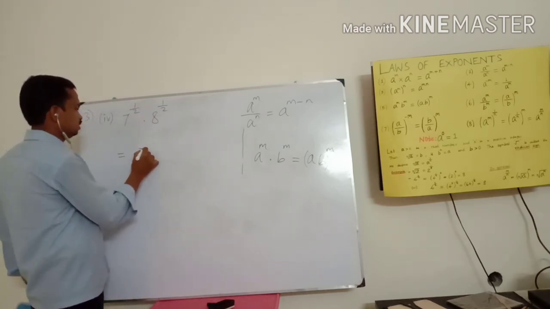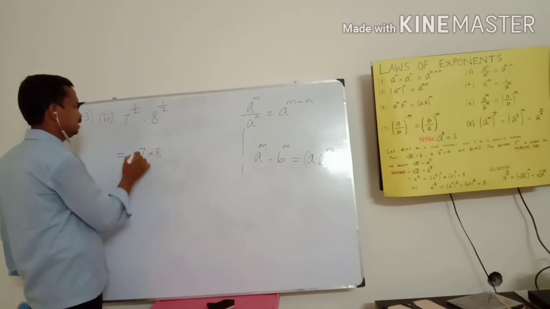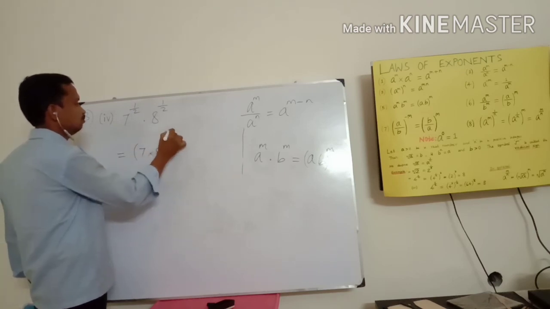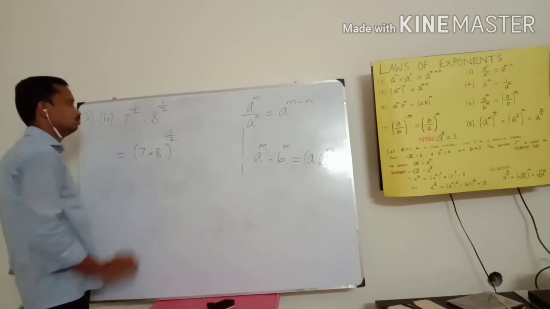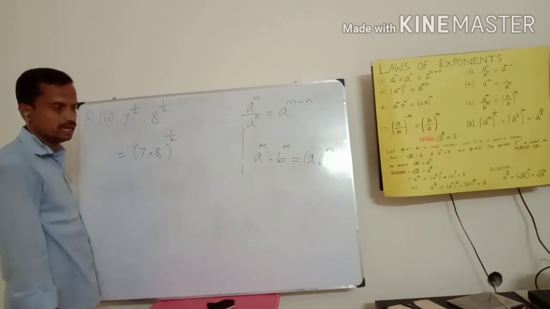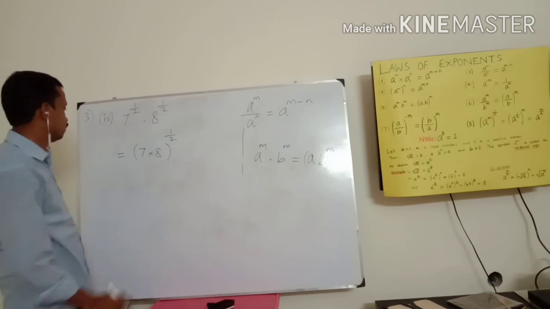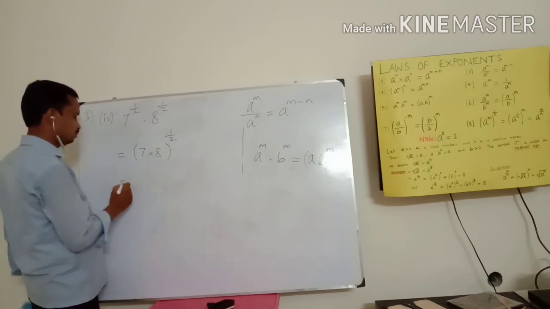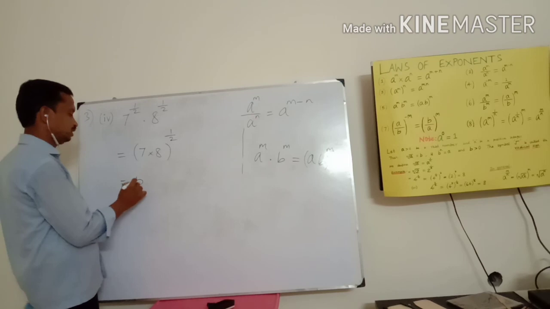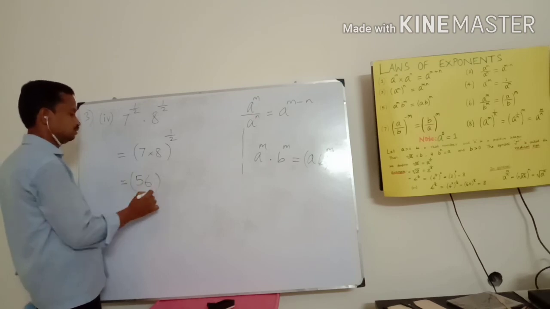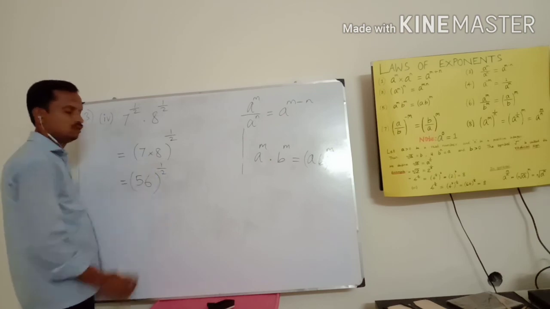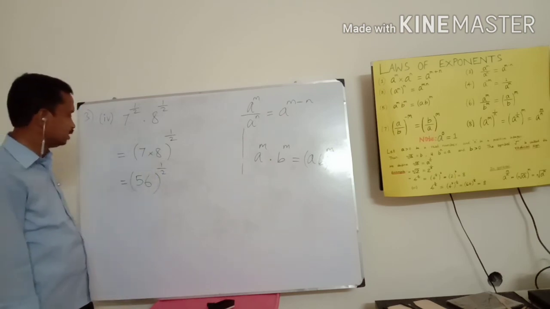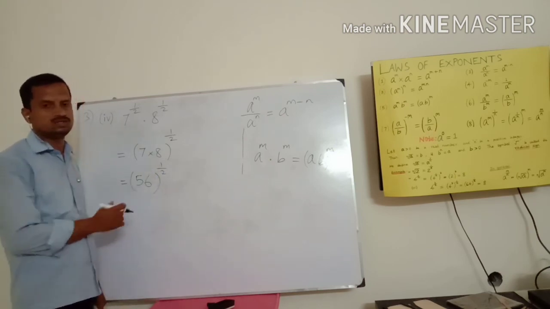So this is nothing but 7 into 8 whole to the power 1 by 2, because for both bases 1 by 2 is the common power. So what is 7 into 8? 56. So this is nothing but 56 power 1 by 2. So this is the answer.